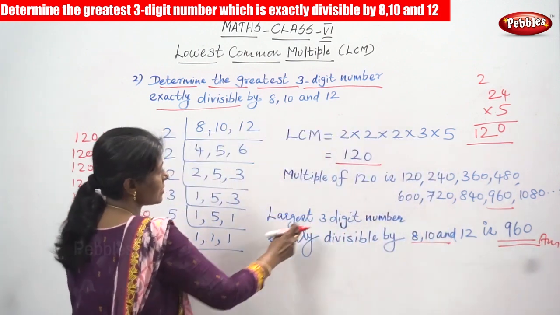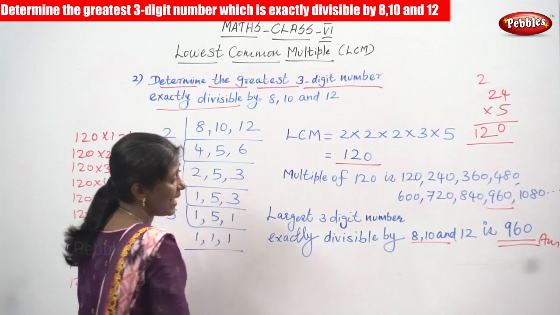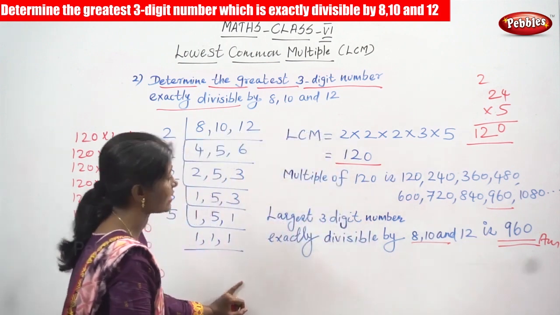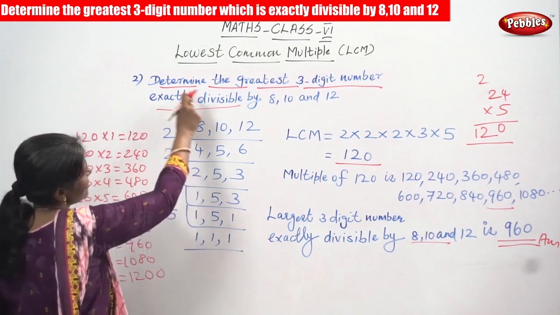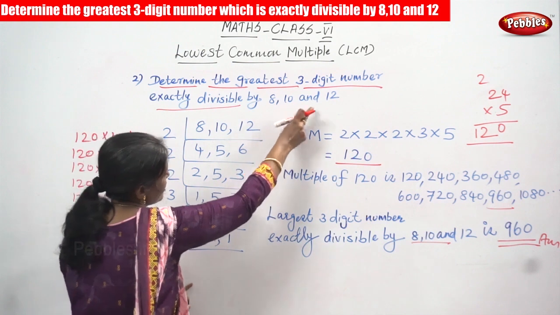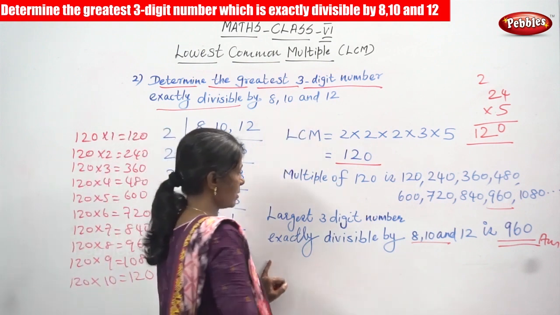So the largest 3-digit number exactly divisible by 8, 10 and 12 is 960. The question is: determine the greatest 3-digit number exactly divisible by 8, 10 and 12. So that is what I've written here.